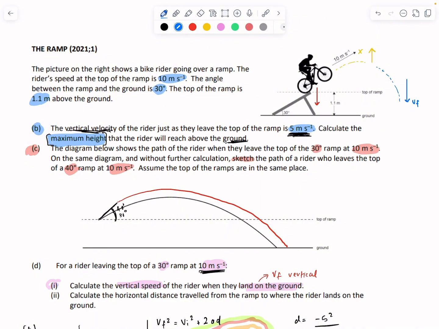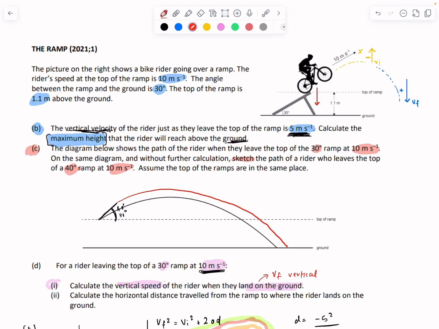So VF, I'm going to define it as a positive because it's my anchor vector, my vector of concern, the thing I'm trying to find. So in comparison to that, I have VI over here, the initial vertical velocity, and it's going in the opposite direction to VF, so I'm going to make that a negative vector, okay?